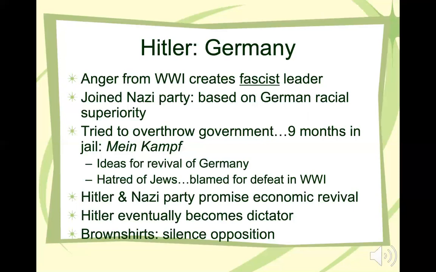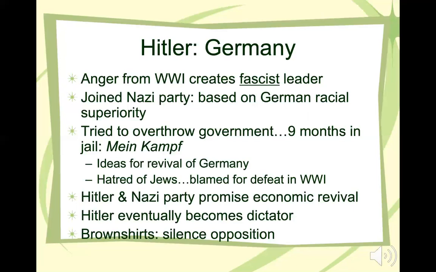But within that, he also starts to talk about his hatred of Jewish people, using them as scapegoats and blaming them for the defeat in World War I. He said that Jewish people weakened the population of Germany during World War I and weakened their chance to be successful. Again, he really starts to use people's anger and resentment towards the loss in World War I to gain power. He and the Nazi Party promised to restore the economy in Germany, and a little bit later on, we'll look at how he plans on doing that.